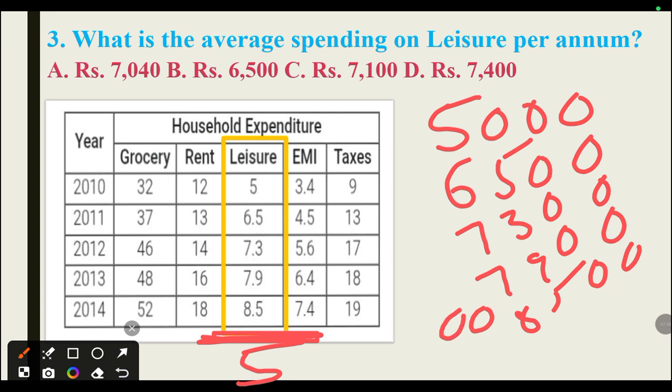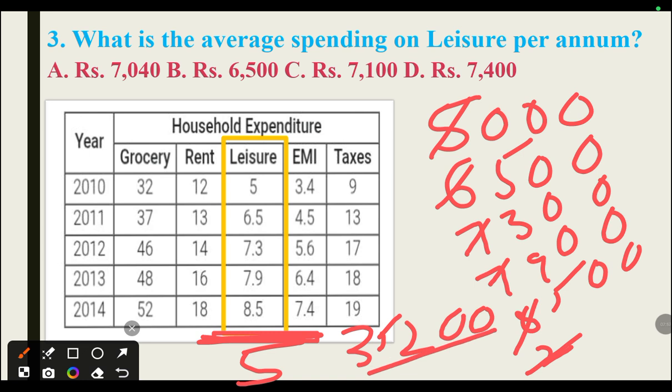See here, 9 plus 5 is 14, 14 plus 3 is 17, 17 plus 5 is 22. So here will be 2, 8, 9, 10, 10 plus 14 is 24, 24 plus 11 is actually 35, 35 divide this with 5.